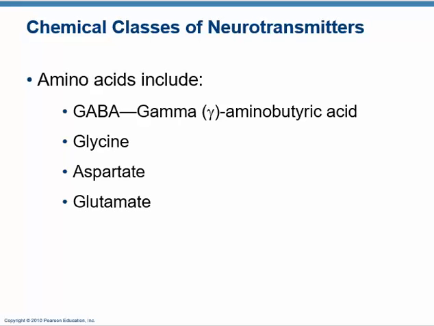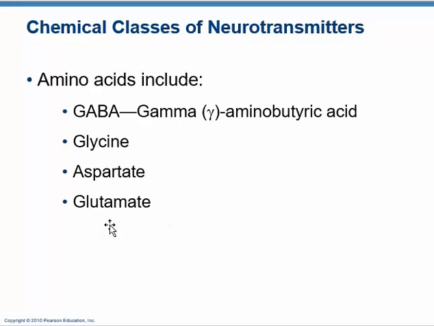Amino acids can be neurotransmitters. So GABA, which is gamma aminobutyric acid, is one. Glycine, aspartate, and glutamate are important ones as well.